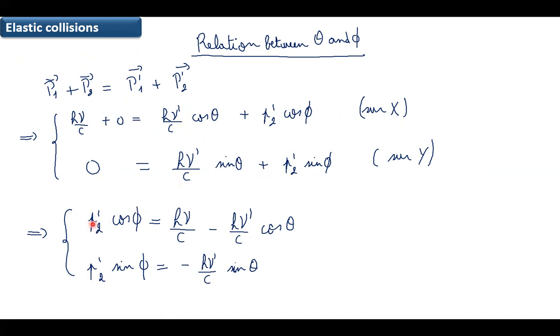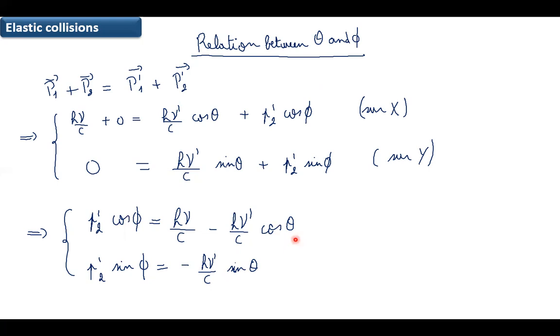So we have p prime 2 cosine phi equal to h nu over c minus h nu prime over c cosine theta, and p prime 2 sine phi equal to minus h nu prime over c sine theta. So you see here we have the sine of phi and the cosine of phi, and the sine of theta and cosine of theta.